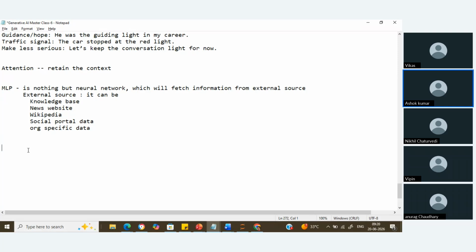You can take it this way: if you have employee data, say employee name, age, experience, and salary.